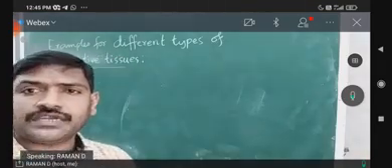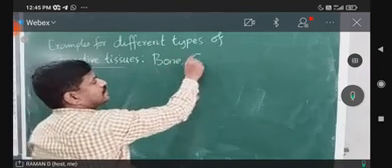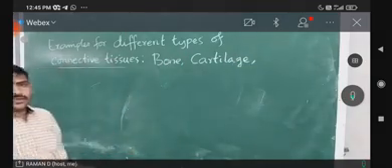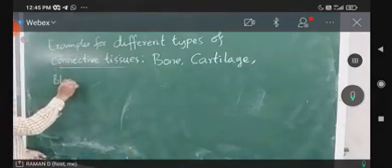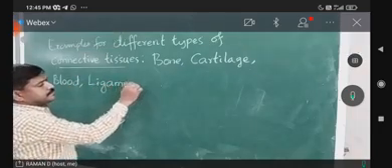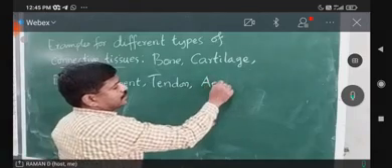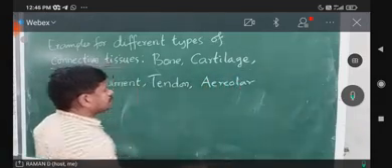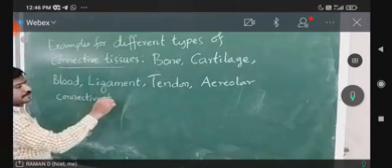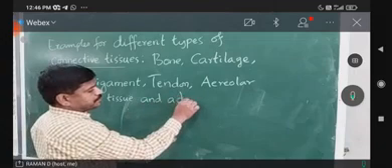Examples for different types of connective tissues. Bone, cartilage, blood, ligament, tendon, areolar connective tissue, and adipose tissue.